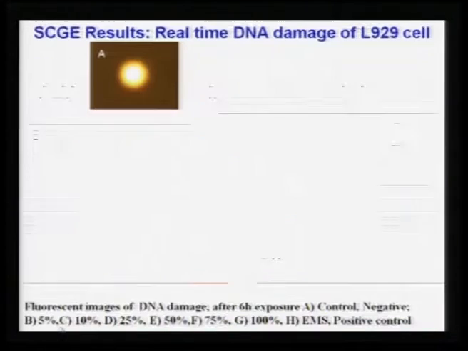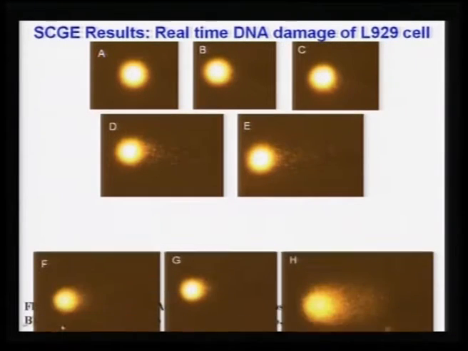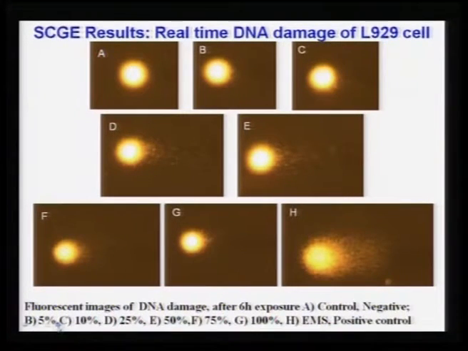Okay. The single cell gel electrophoresis, which I have already mentioned to you in the last lecture, essentially shows the real time DNA damage. So, this is the negative control, and this is called the positive control. Positive control means that we use some solution which, when you treat cells with it, will show extensive genotoxicity.